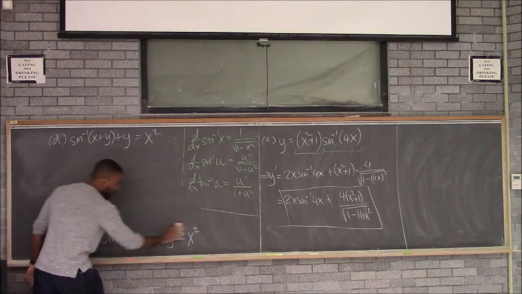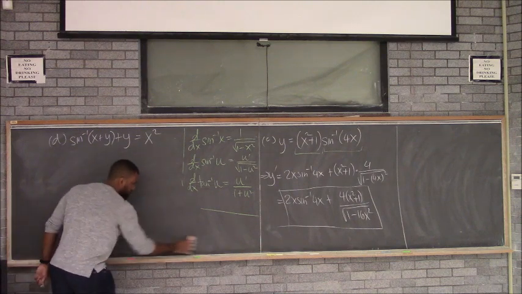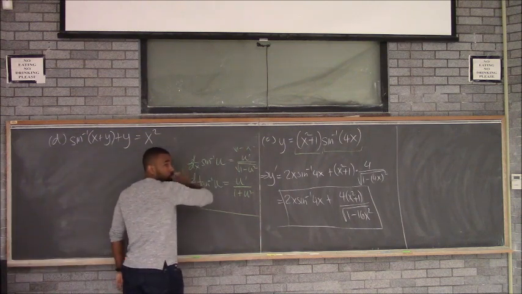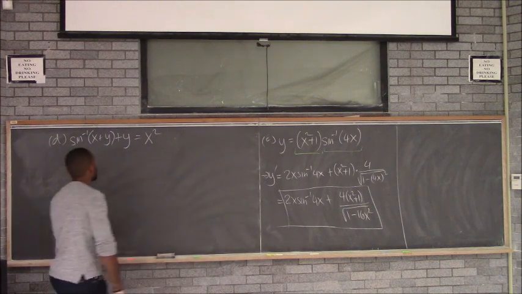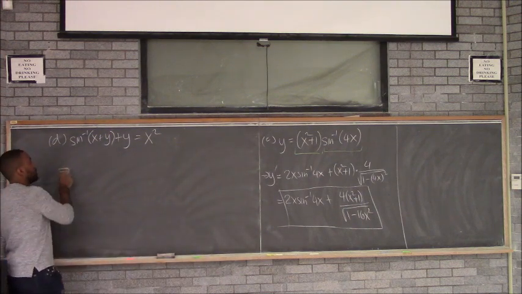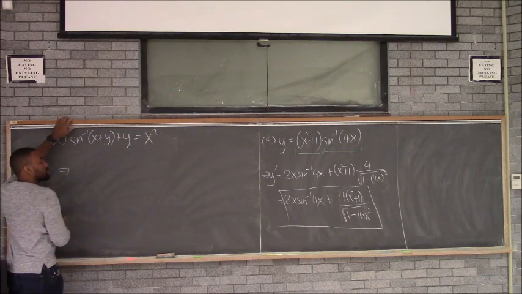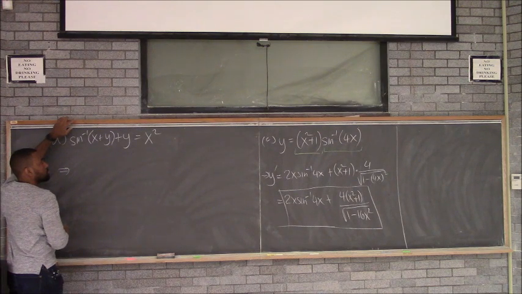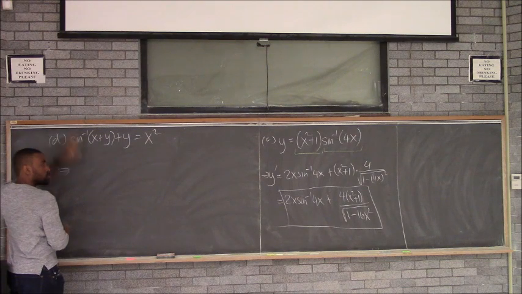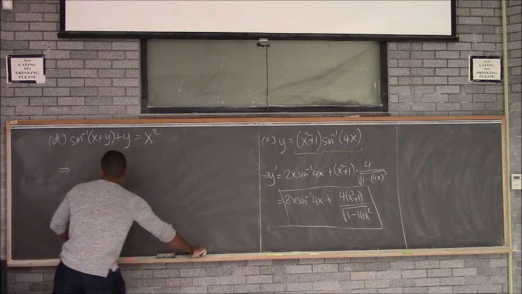Okay, so how are we going to find y prime here? Implicit differentiation. Okay, so how do I differentiate this? 1 over square root of 1 minus x plus y squared times the derivative of x plus y. No. What's the u here?